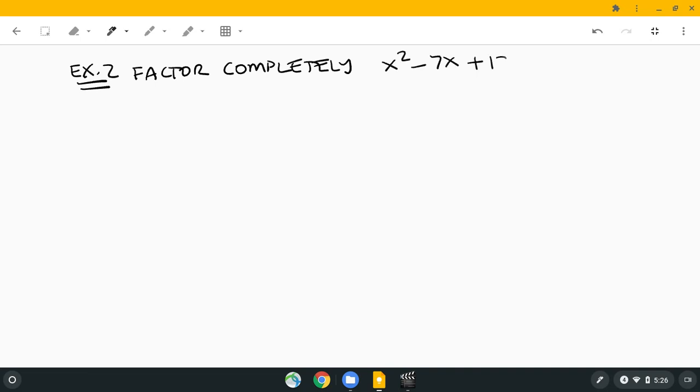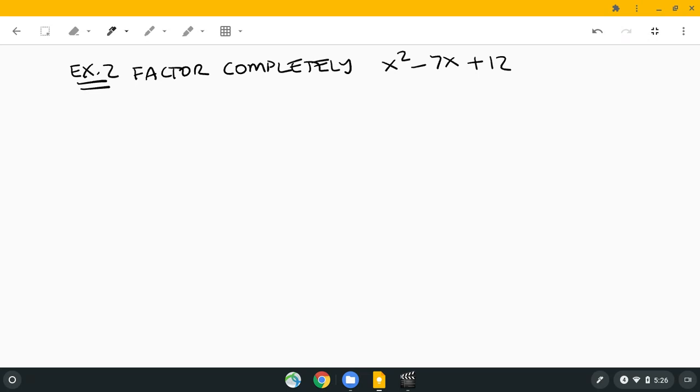Okay, so example number 2, factor completely. Suppose that we have x squared minus 7x plus 12.